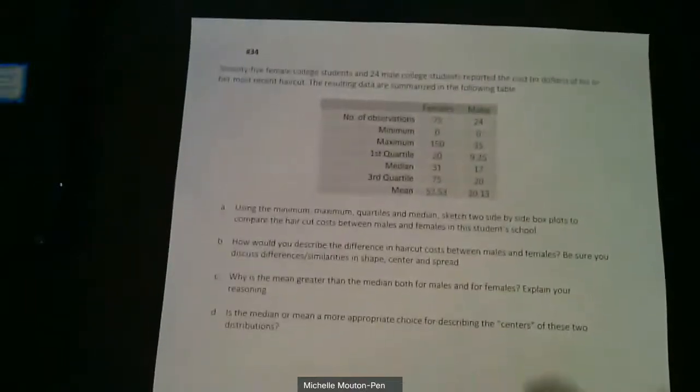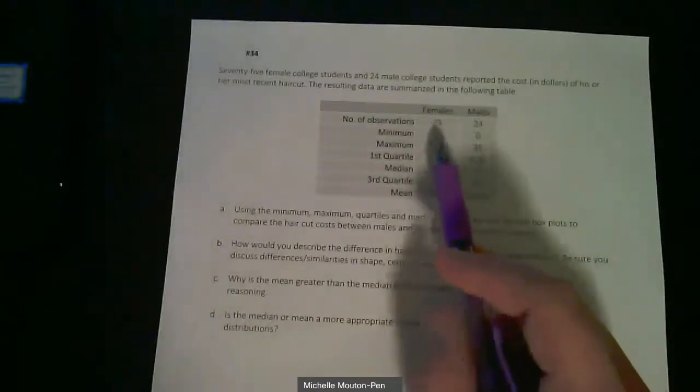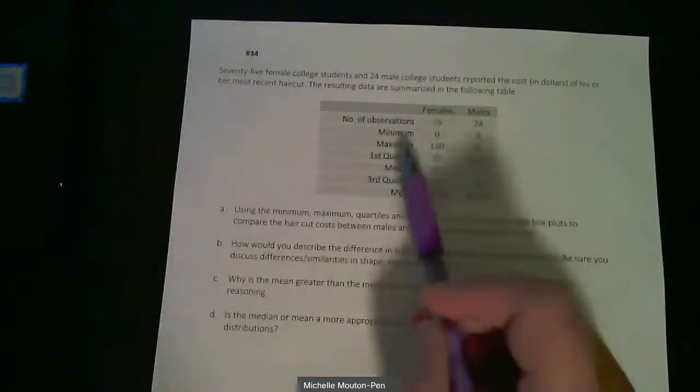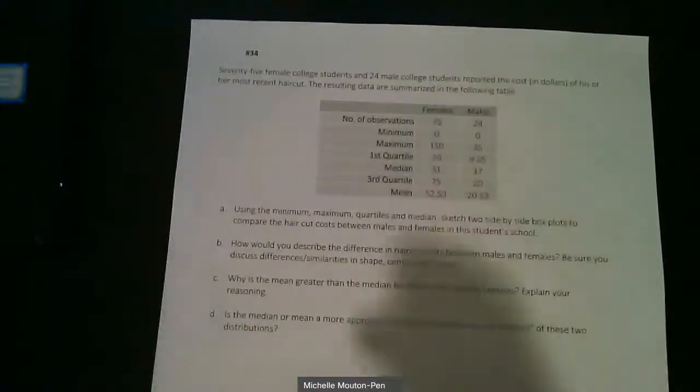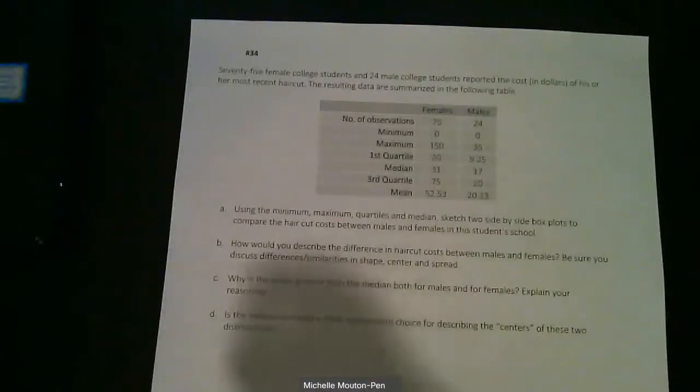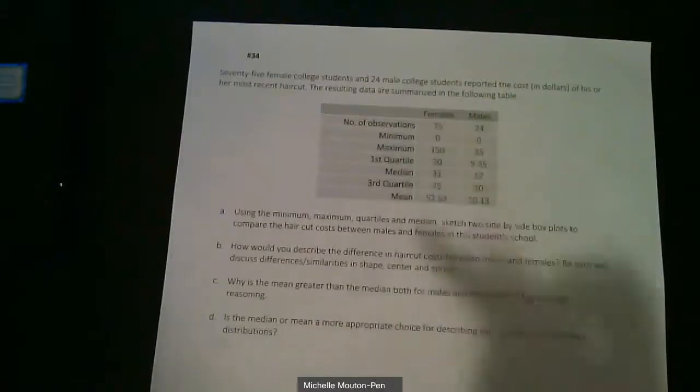All right, so this one's talking about haircuts. We've got female and male college students. It asks them what was the last cost of their haircut. The minimum for both of them was 0.